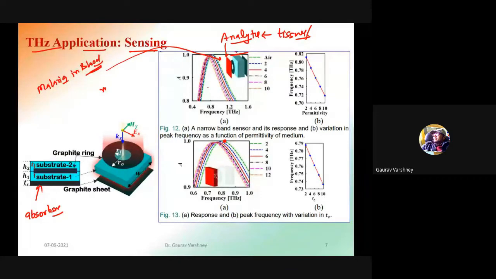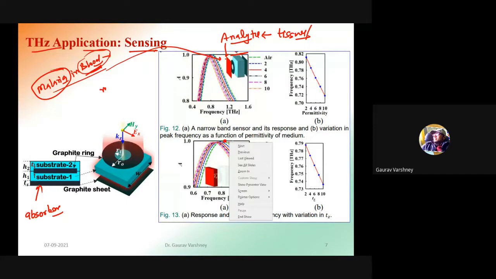Now we place blood infected with the malaria virus. Due to the presence of the malaria virus, the refractive index of the blood will change, and the absorption spectra of this absorbing unit will be shifted either backward or forward.